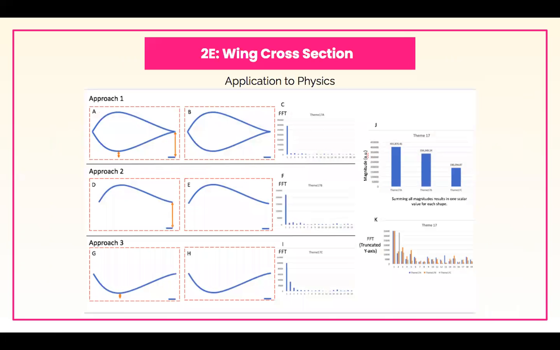One example of an application of the LCPC transform to physics is optimizing the shape of an airfoil, otherwise known as a cross section of an airplane wing.